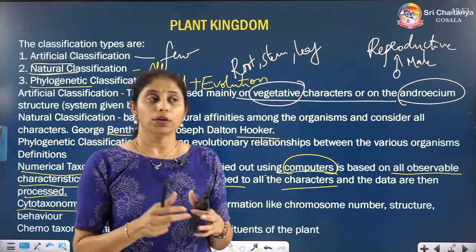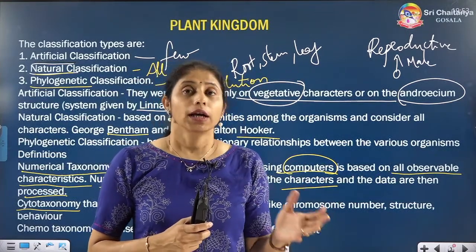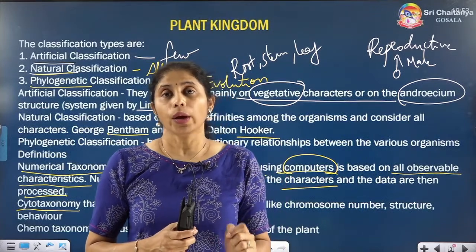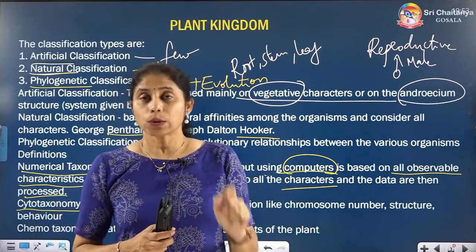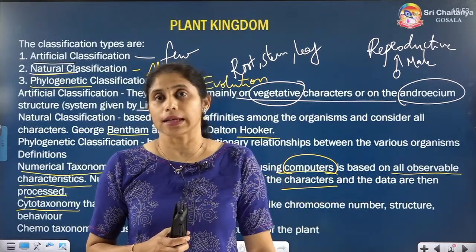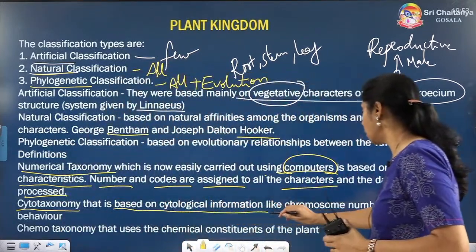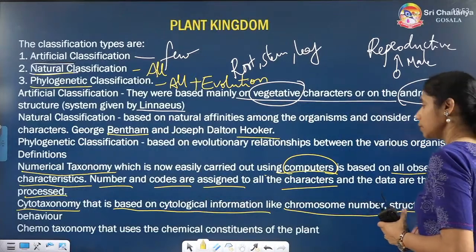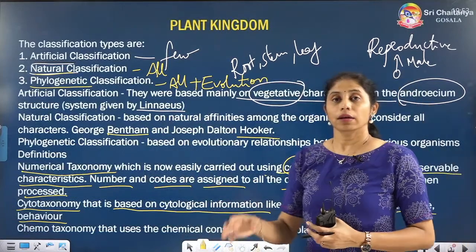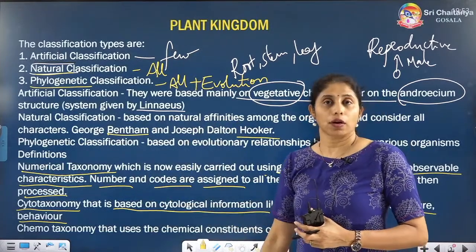So when we talk about chromosome structure, number and behavior, that branch of taxonomy is called cytotaxonomy. It deals with the structure, number and behavior of chromosomes present in the cells, based on cytological information.